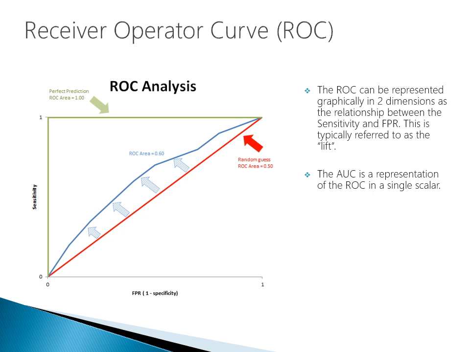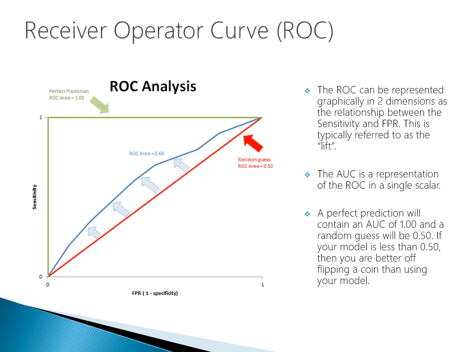So the ROC area of our blue line, in this case 0.60, can be interpreted as a prediction that is 10% greater than random chance alone.